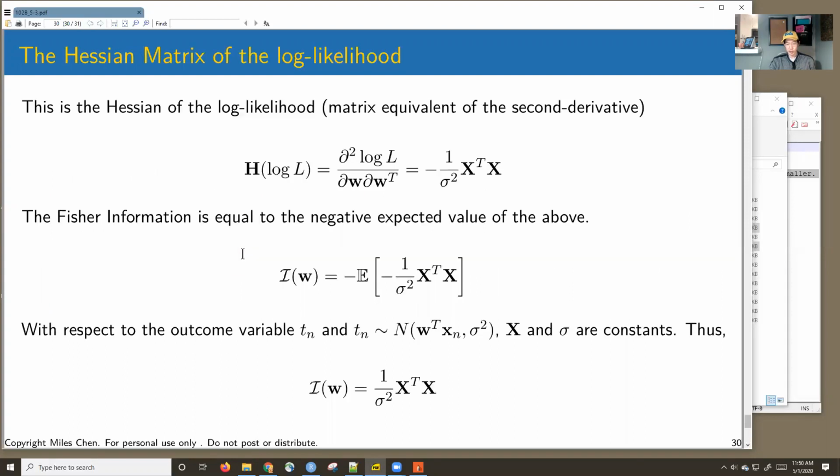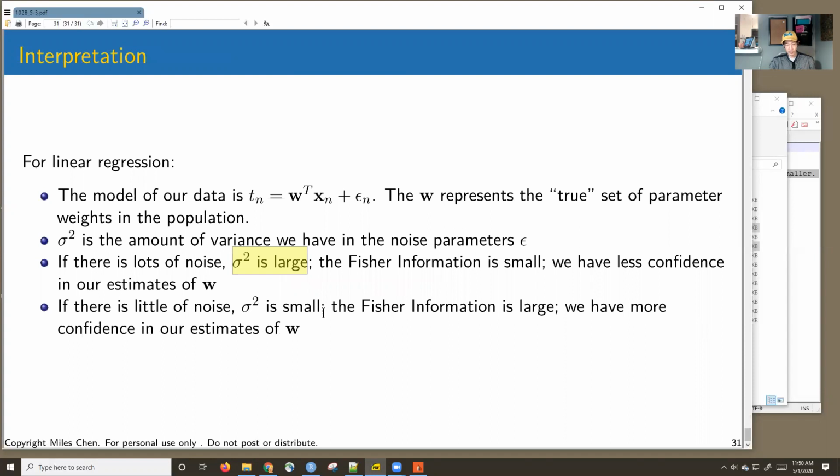Sigma squared appears in the denominator, so if sigma squared is large, the Fisher information is small, and you have less confidence in your estimates of w. If there's little noise, sigma squared is small and the Fisher information is large. So sigma squared small means Fisher information high, and you have more confidence in your estimates of w. Which makes sense, right?